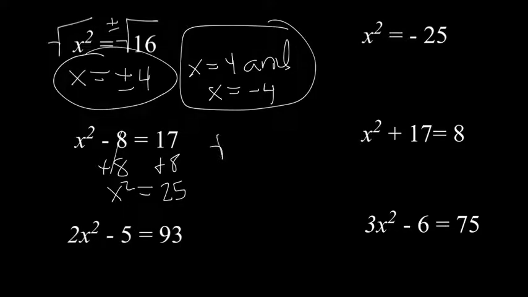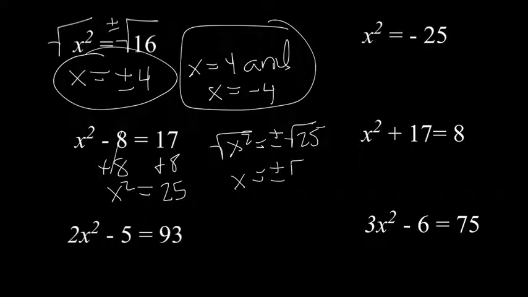Then I would do the square root of both sides. Again, it would be the plus or minus square root of 25. So we're going to get x is equal to both the positive and negative 5. Again, this is fine as an answer. You could write it with the "and" like you did up here, or leave it as a plus or minus like that, and you'll be fine.